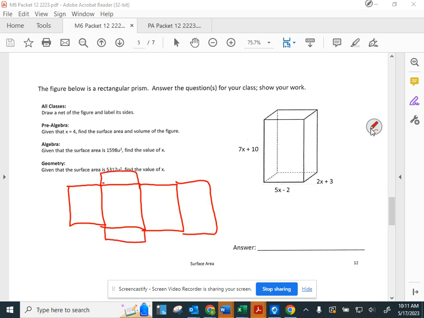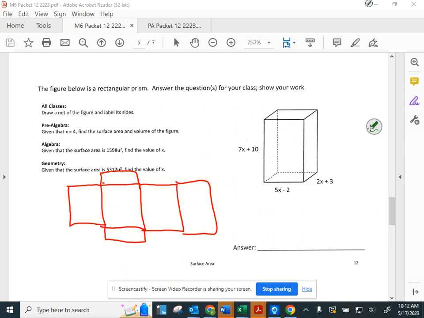Why is that not a good representation of my net? Aiden? Because the top, with the top square, it's not like a square, that's like a more rectangle shape. Mm-hmm. And the figure has the top of a square, not a rectangle shape.